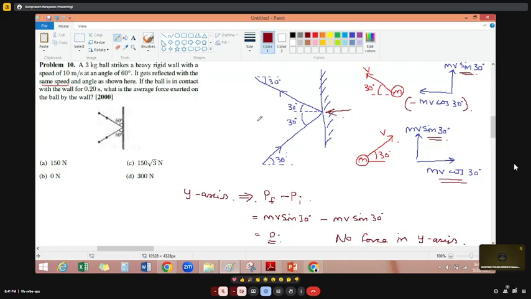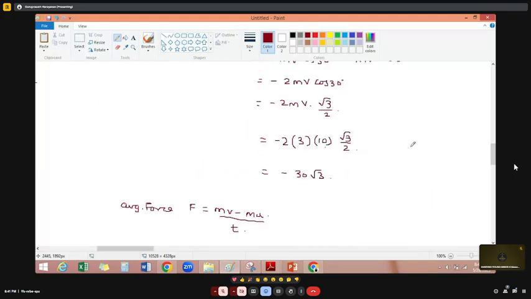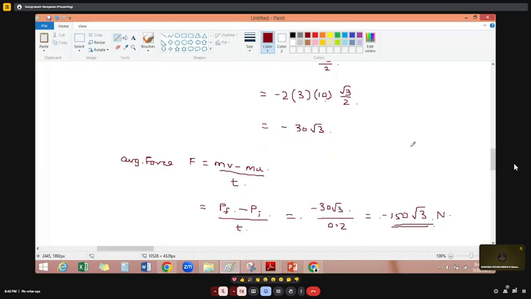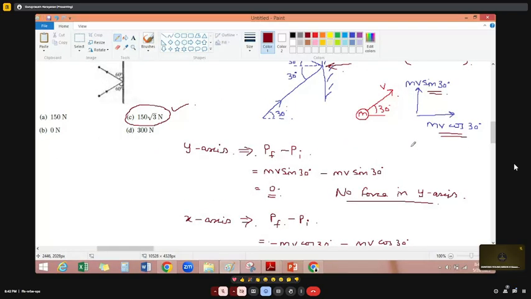Since it is towards the left side, you get a minus. Of course, they have not shown the minus here, but that's my correct answer, 150 root 3. If you don't know this method of splitting into x and y, you cannot do this problem. Otherwise it's a very, very simple formula method.